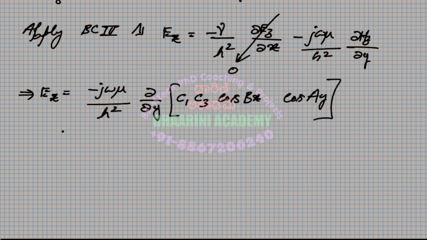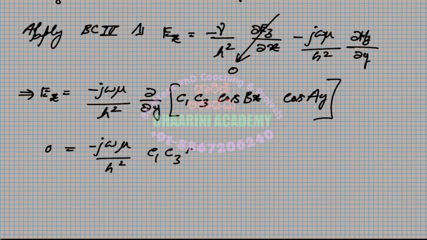Okay, let us differentiate this with respect to y first, and then we'll equate it to 0. So the left hand side becomes equal to 0. This is minus j omega mu divided by h square into the derivative. We have c1 c3 as it is. Cos bx remains as it is, since it's with respect to y.